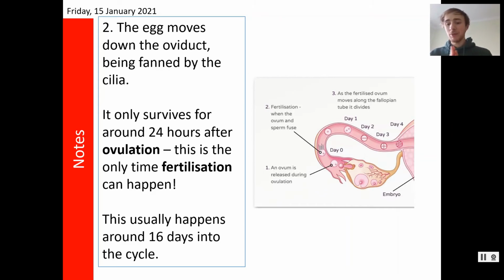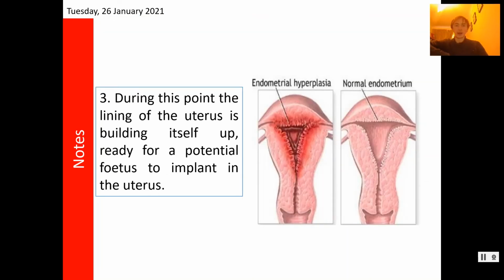And actually, eggs can be released at really odd times. So a woman can get pregnant almost any time within that cycle. It's not a good way of predicting. It's certainly not a good method of contraception to just not have sex except on day 14 to 16. That doesn't work, because eggs are released at different times every month. It's quite unpredictable.